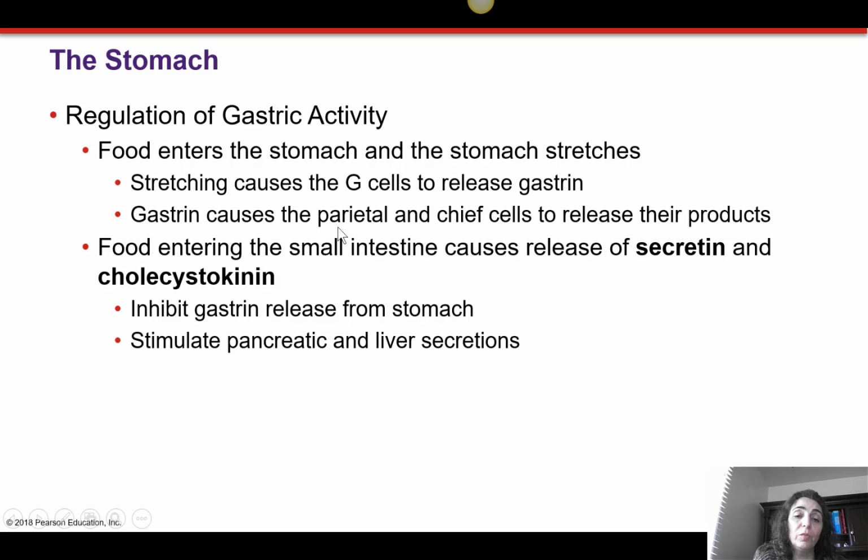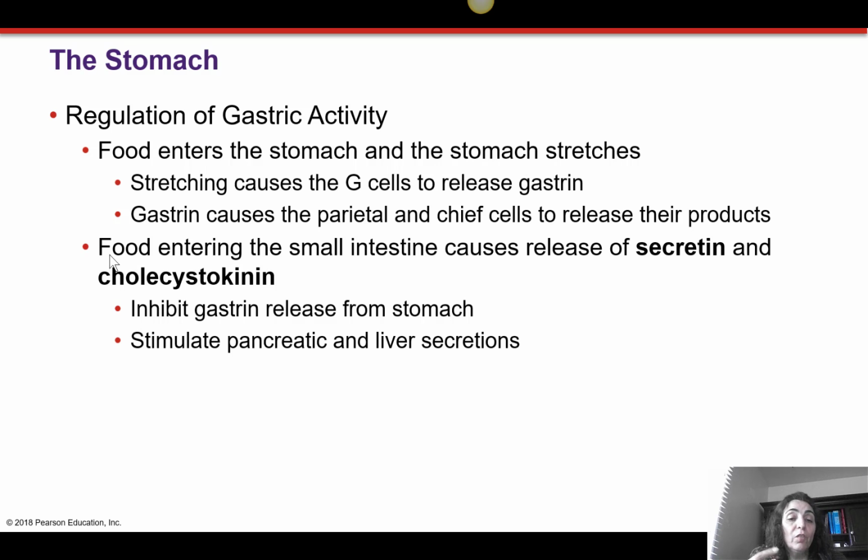So we have the acid from the parietal cells and intrinsic factor, and we have the pepsinogen from the chief cells, and that pepsinogen under the influence of the hydrochloric acid converts to pepsin and starts the digestion of the proteins.